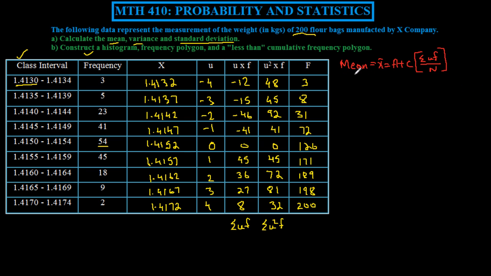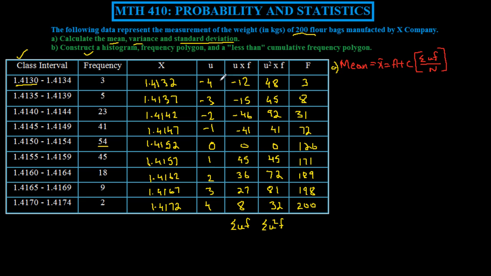Now I've filled out the table using the side steps that I showed you a few seconds ago. Now I'm going to calculate the mean. Remember that the mean of the u's is the u times frequency, added all up, and divided by the number of flour bags we have, which is 200.